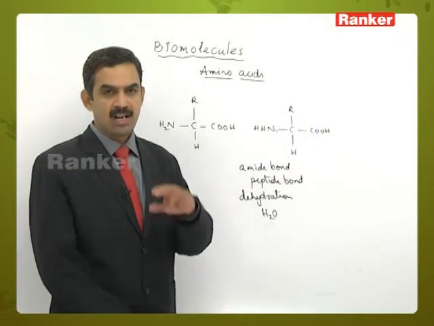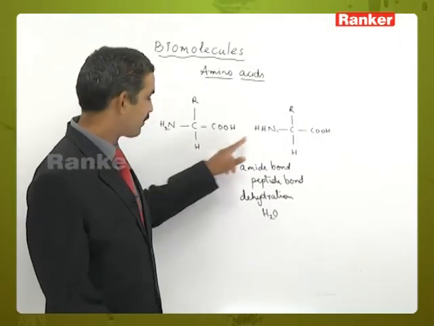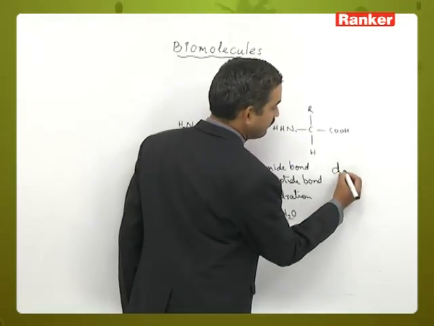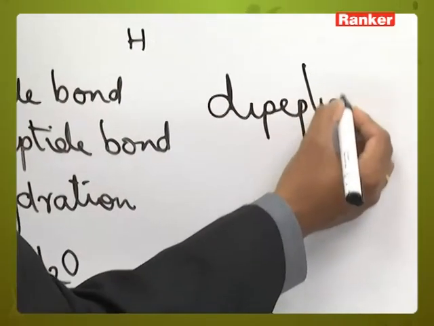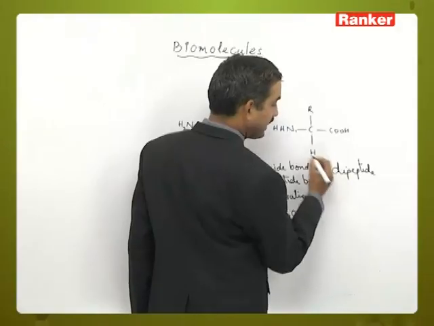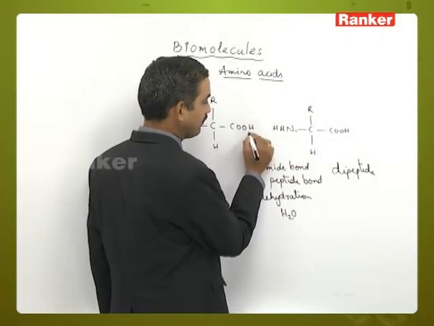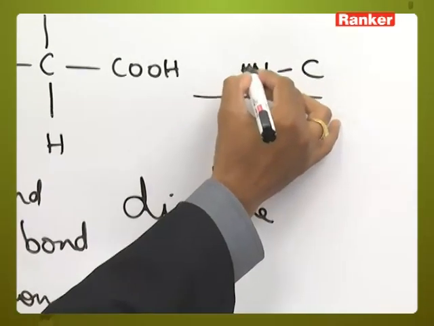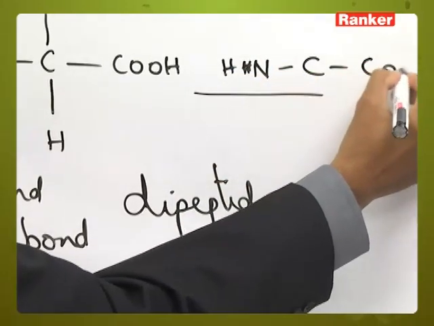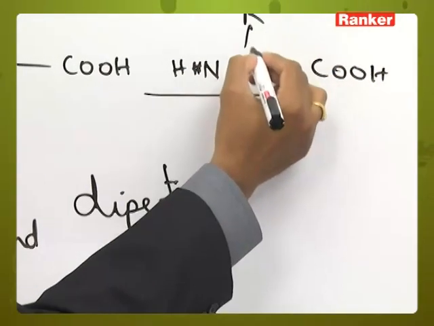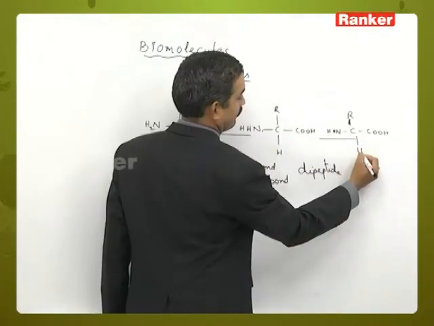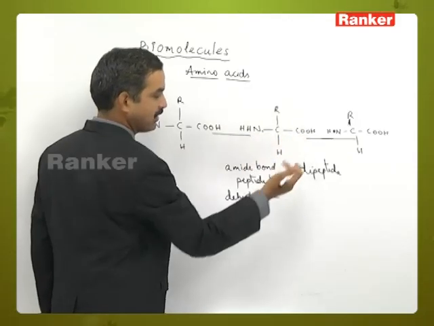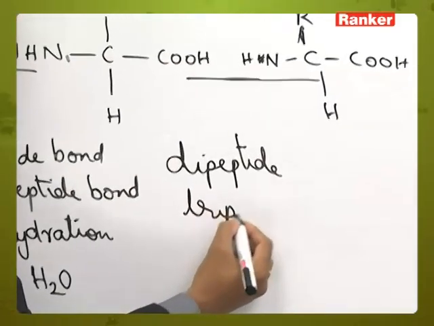Likewise, if 2 amino acids are present in a protein chain, we call it a dipeptide. If 3 amino acids, like 2 are there and the third one is also there, so now 3 are there, these 3 with 2 peptide bonds are called a tripeptide.